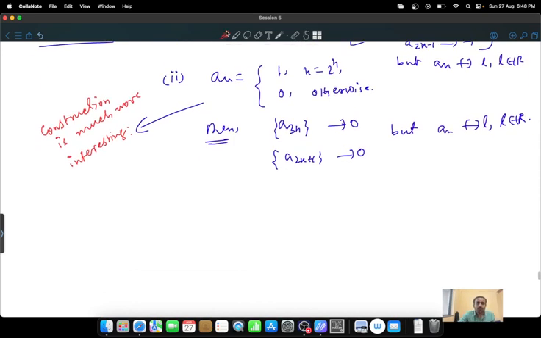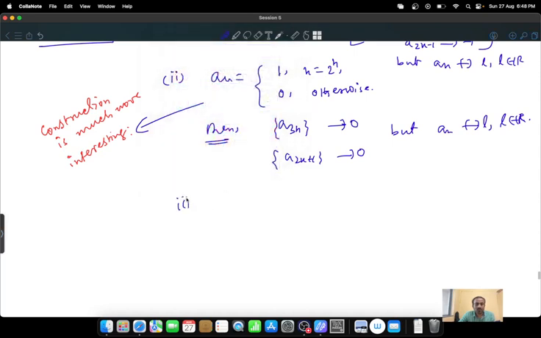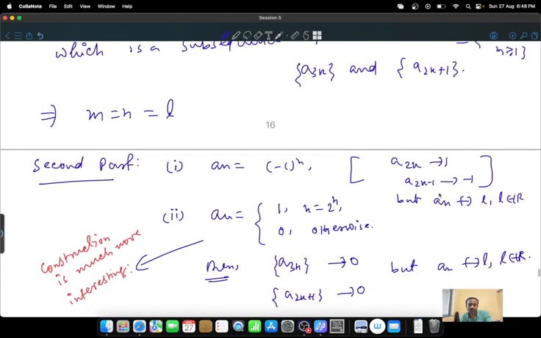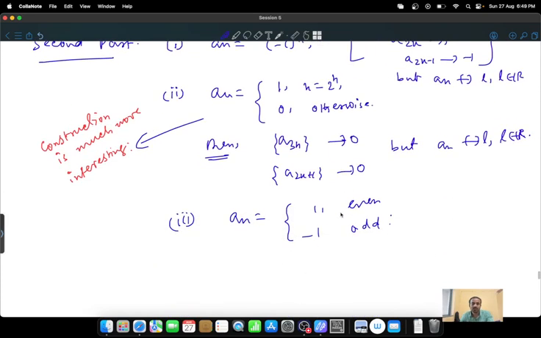And for the third one, if you just look at the numbers, that an equals to say 1 for even and minus 1 for odd, then I think you got it. Okay, which one do I need actually now? This is 3k 2k, this is 2k 2k, and I think I need now 2k and 3k, right?